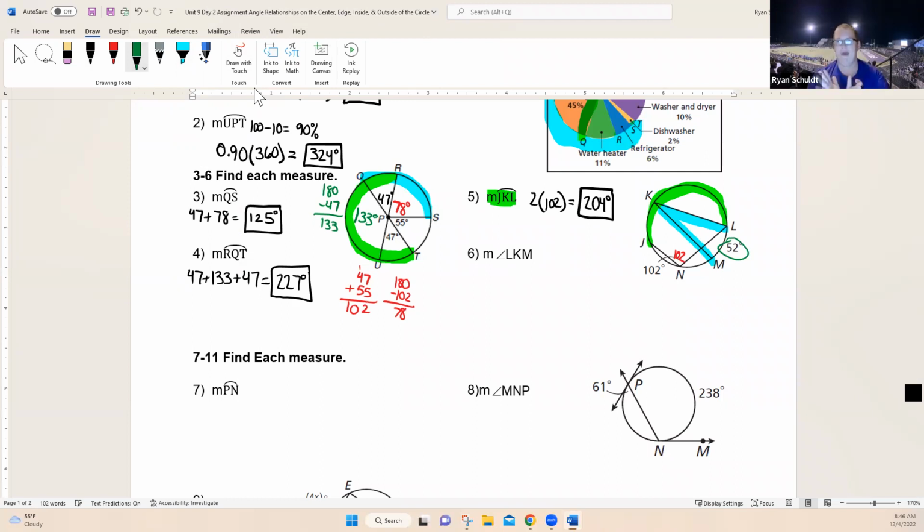When we come back in, what do we do? Divide by 2. So 52 divided by 2 gives us 26 degrees. There we go.